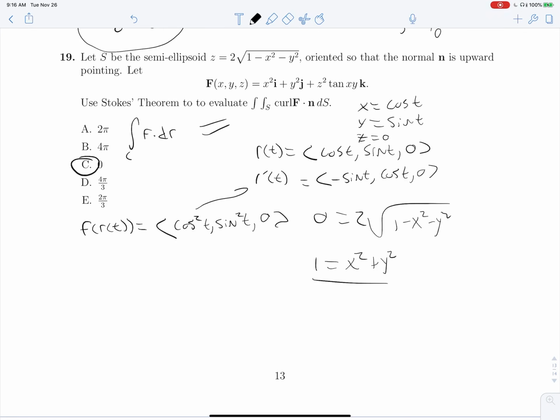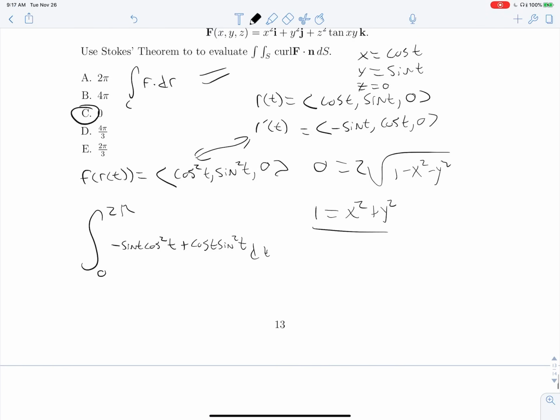So f dot r prime of t, evaluated from 0 to 2 pi dt, is going to give us negative sine t cosine squared t plus cosine t sine squared t.